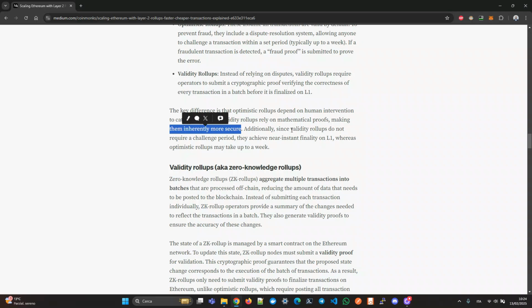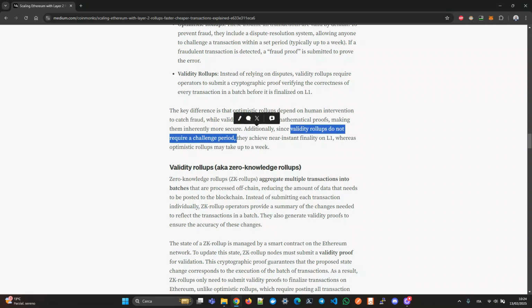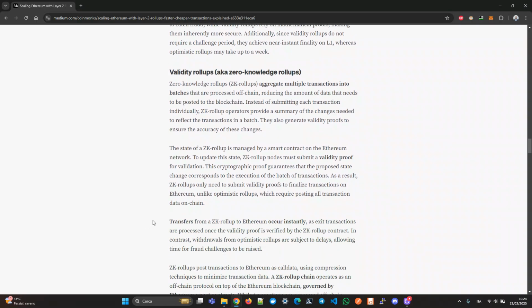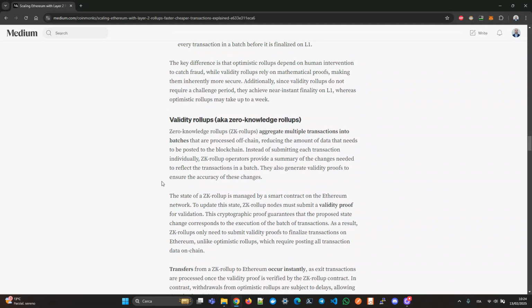And also, validity rollups do not require a challenge period, whereas the optimistic rollups may take up to a week to finalize this batch of transactions. So let's do a deep dive into validity rollups.